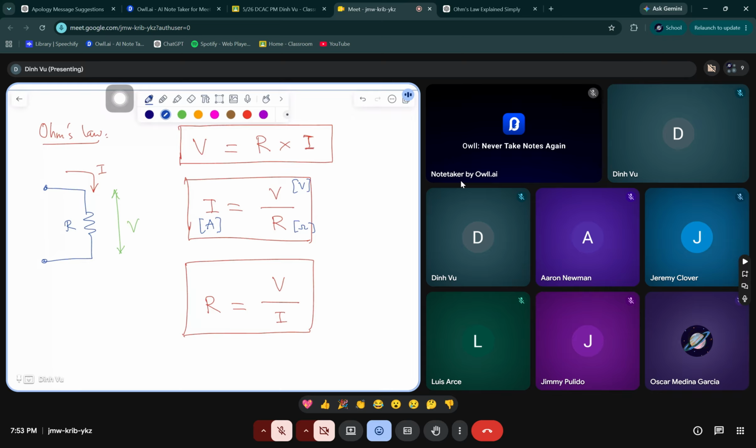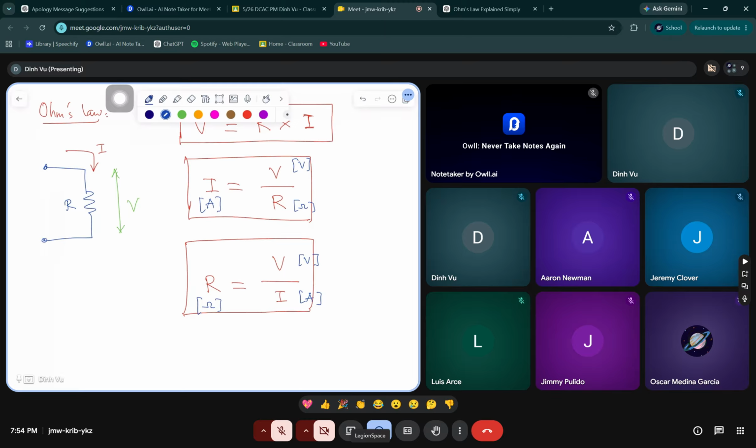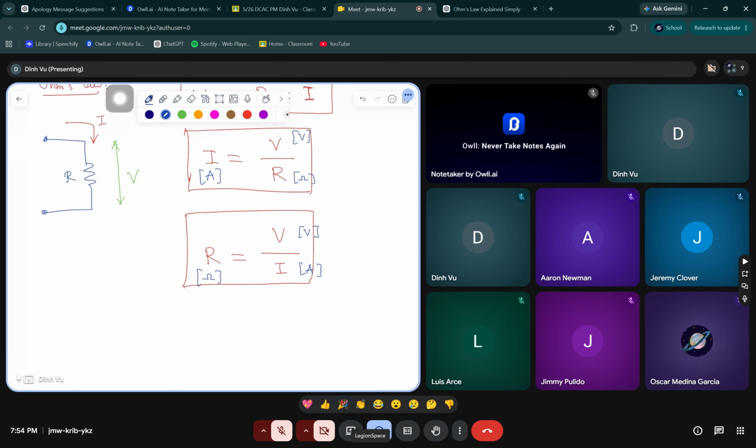Or in the second case, V in volts, current I in ampere, and then R now in ohms.